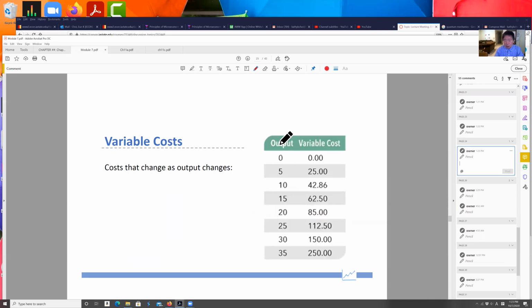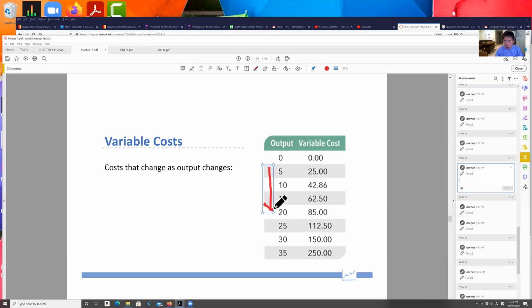So as in this table, you see as output increases, production cost, variable cost increases. It is variable, but we know which way it varies. It always goes up, okay?